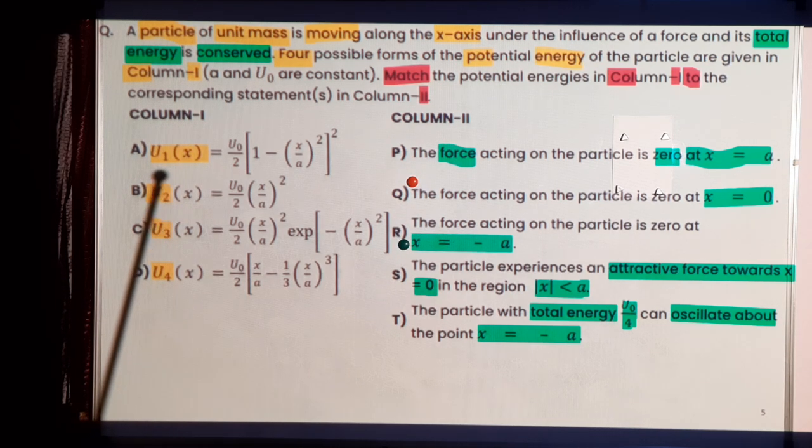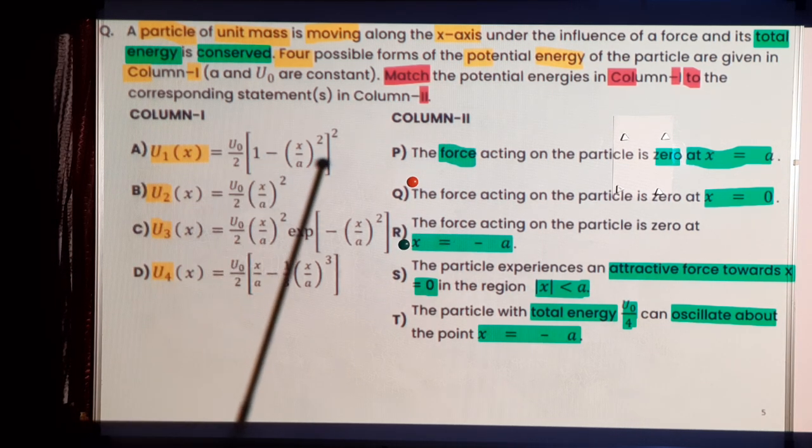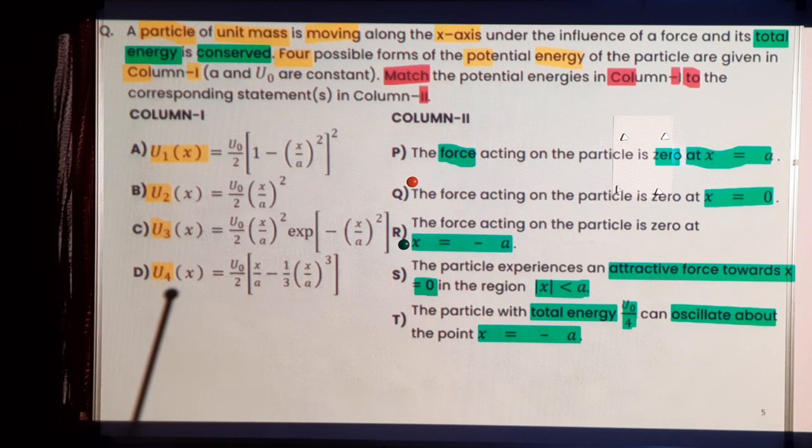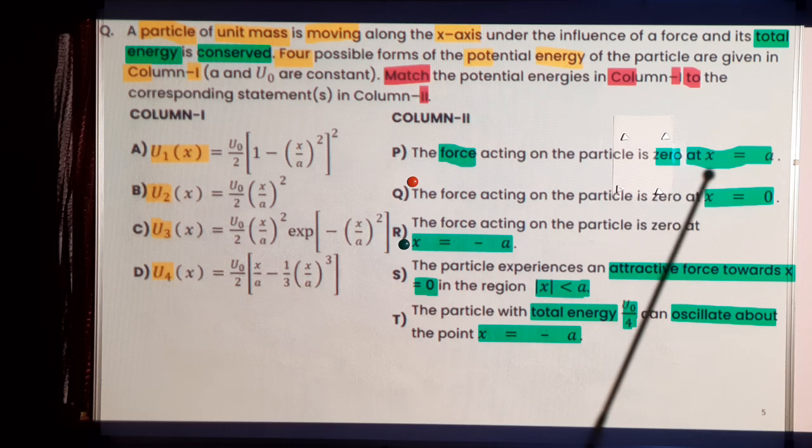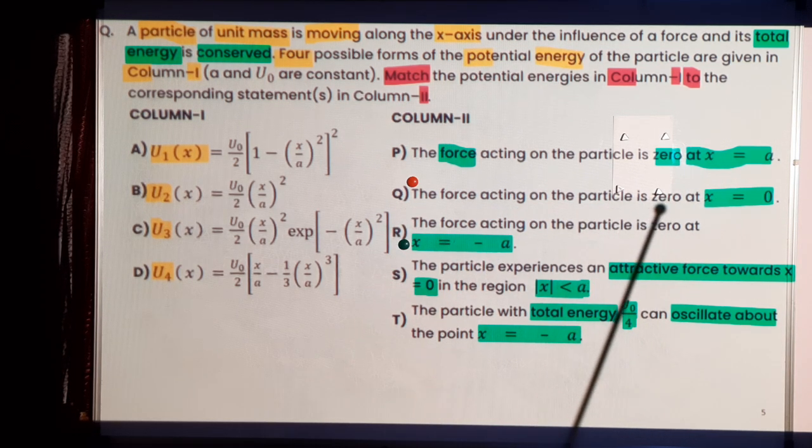Column 1 has potential energies U1, U2, U3, U4, which are different functions. And column 2: Statement P, the force acting on the particle is 0 at x equal to A. Statement Q, force acting on the particle is 0 at x equal to 0. Statement R, the force acting on the particle is 0 at x equal to minus A.